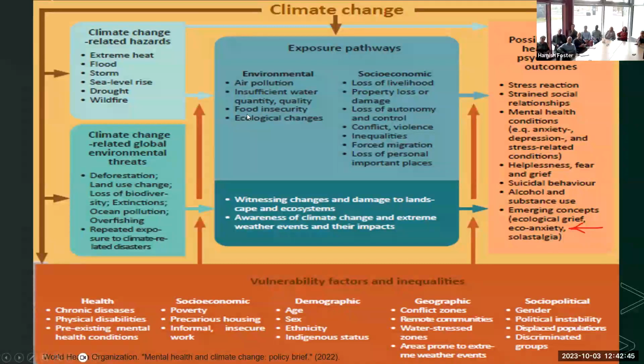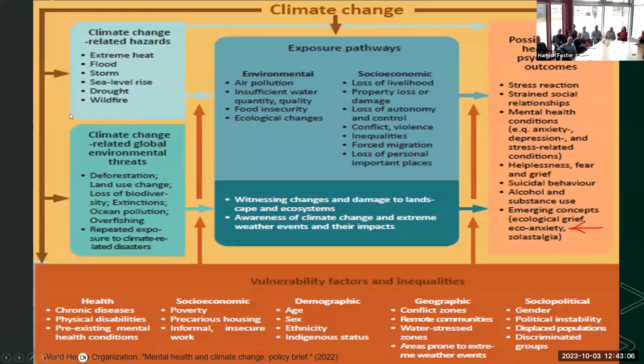This diagram is from the World Health Organization, a policy brief on climate change and mental health. It's worth reading if you're interested in the topic, but basically it explains the pathways in which climate change can impact on mental health.